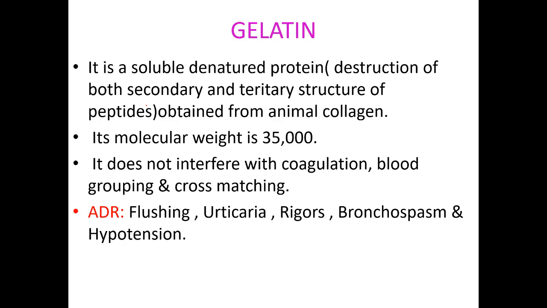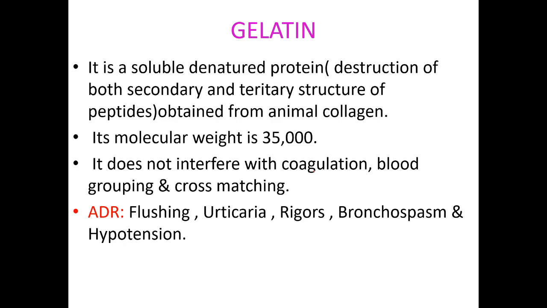So let's see the molecular weight. The molecular weight is 35,000, and it can't do any coagulation, or it won't interfere with any blood clotting or blood grouping. So let's see the adverse effects. Adverse effects are flushing, urticaria, and rigors. Rigors is a sudden increase in temperature, an alteration of the temperature of our body.